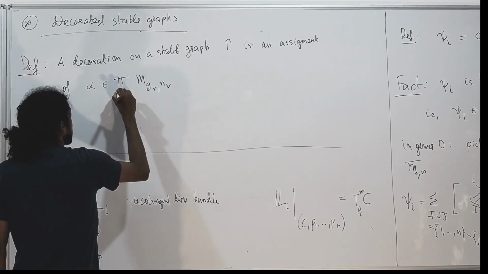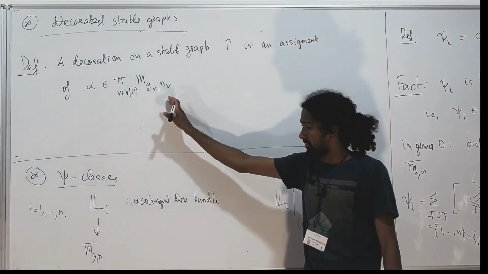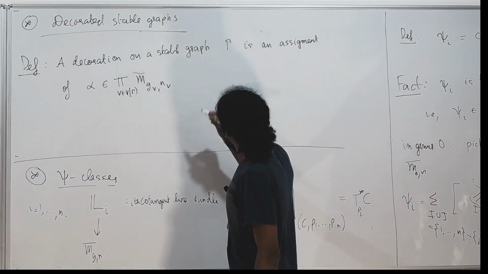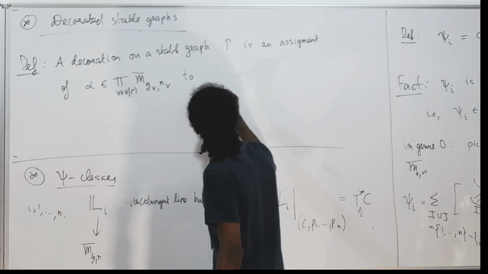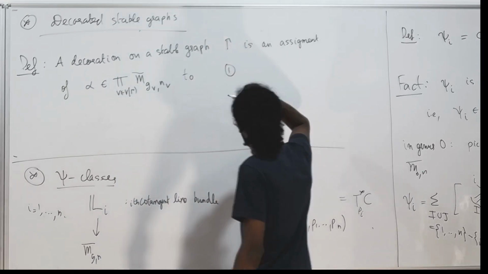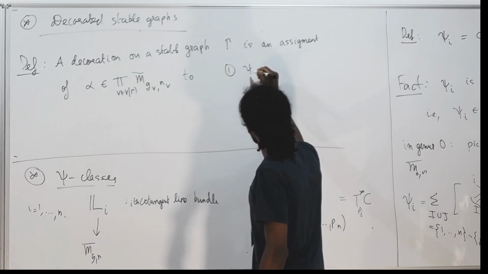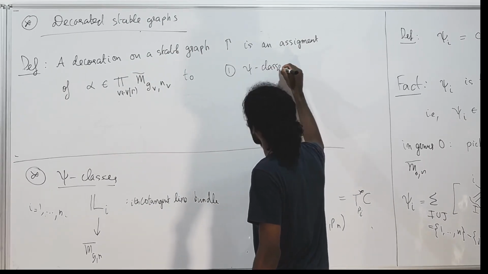Right, remember a stable graph is of type g, n. It has all these components. We have all these moduli spaces. In such a way, let me say 2 first, you're allowed to put psi classes on half edges.